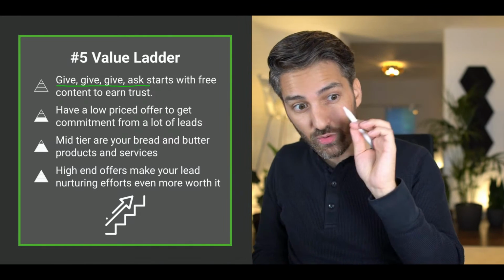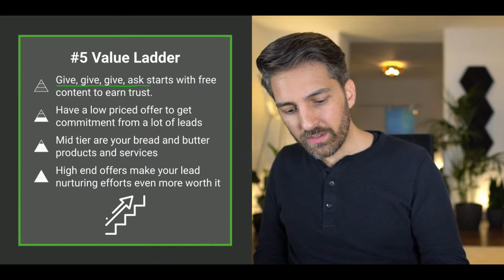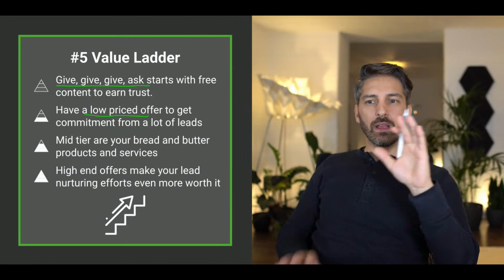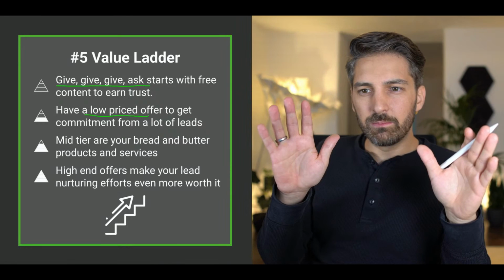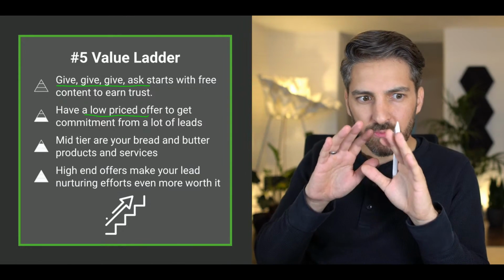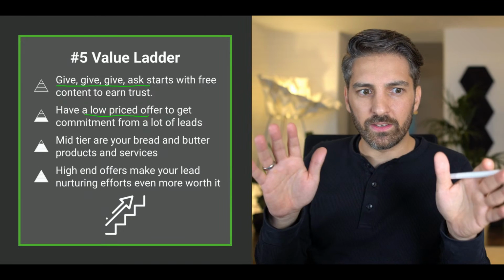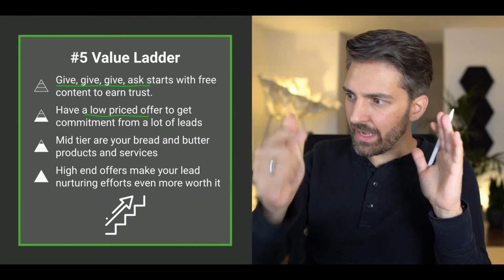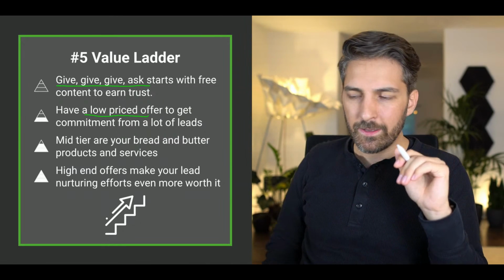But try to start for free, earn the trust, and then go for a low price offer where, if you have an email list with 1,000 people, you could easily sell this to 5 to 10% of that audience. They would think like, dang, that is an option that I like.